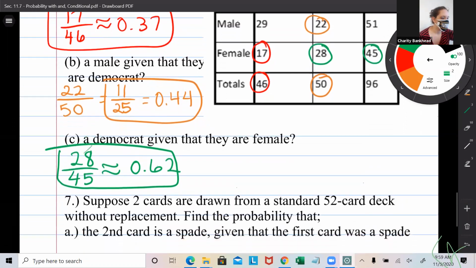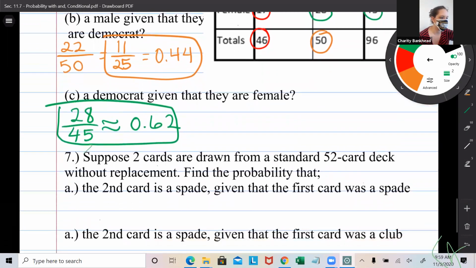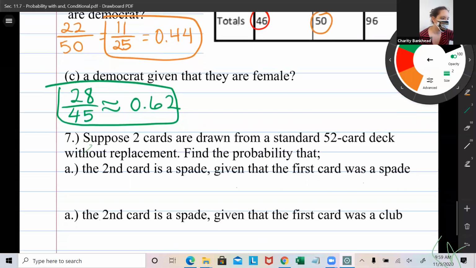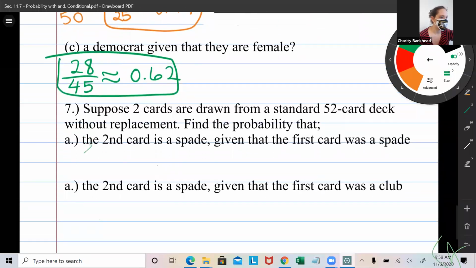Number 7 says, suppose 2 cards are drawn from a standard 52 card deck without replacement. Find the probability that the second card is a spade, given that the first card was a spade. All right, so basically what they're telling me is like, I already know that the first card was a spade.